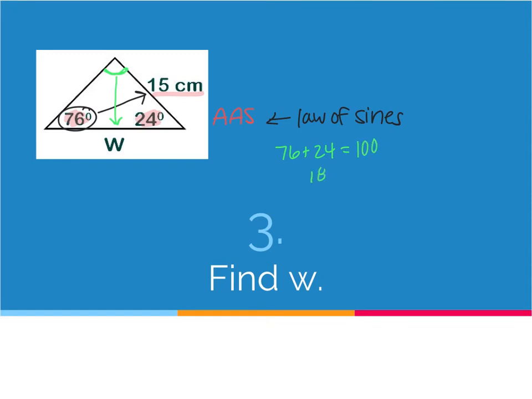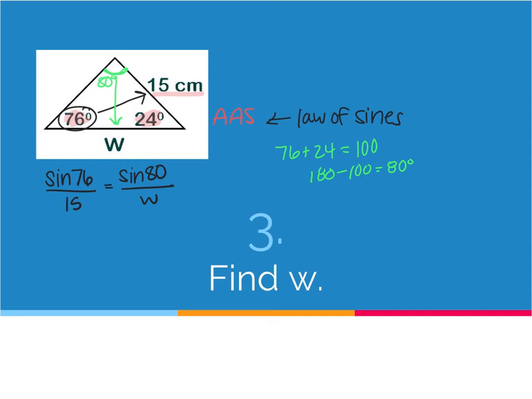And then 180 minus 100 will give us that angle measure. So that angle is 80 degrees. So now we can go ahead and set up the law of sines. So we have the sine of 76 degrees over 15 equals the sine of 80 degrees over our missing W.